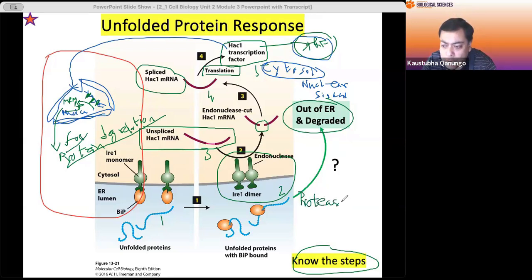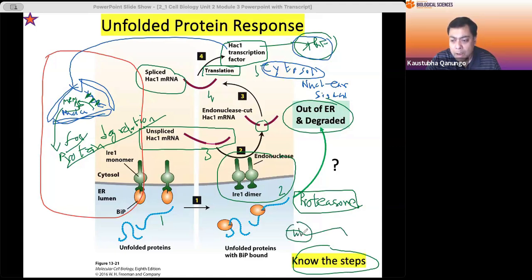A proteasome is a cylindrical structure. You can just Google it or look it up on Wiki for one line. Proteasome is one of the protein degradation machinery. And how is a protein degraded? A protein is labeled by something called ubiquitin, UB. These are in your textbook, but they are not necessary.